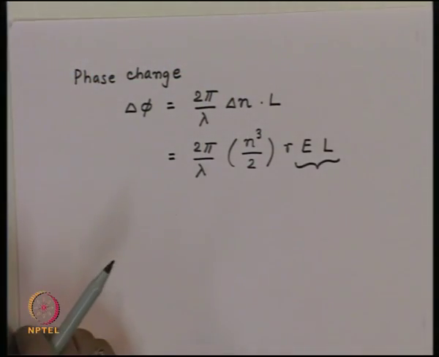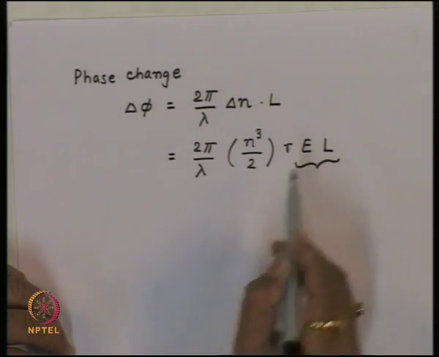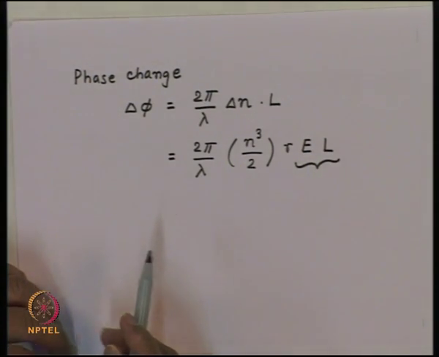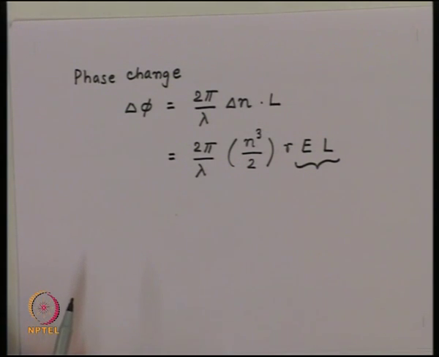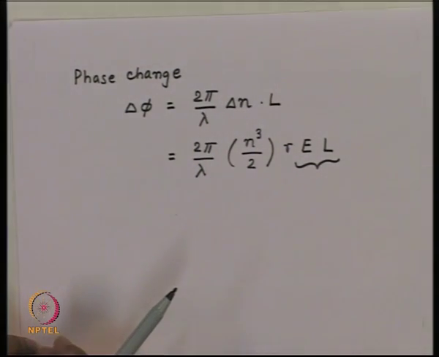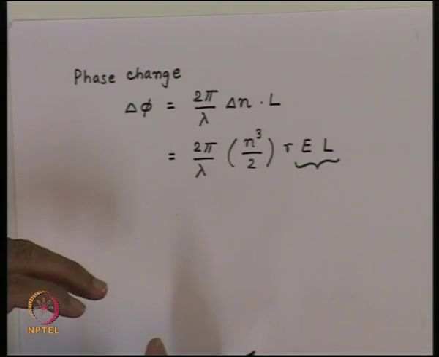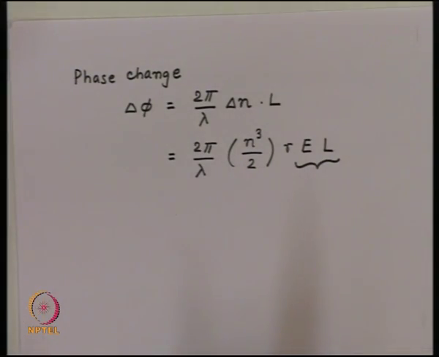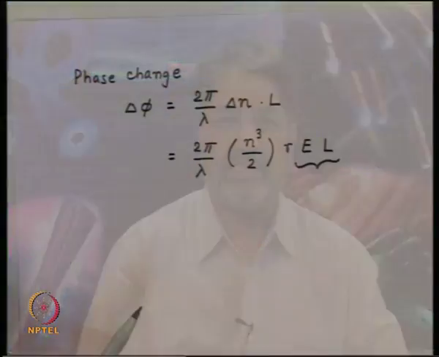So what that means is that to get a substantial phase change in the light signal, we require a significant length for propagation of light. Since delta n is very, very small, you require a length typically of the order of a few millimeters to get a significant phase change in the light output.